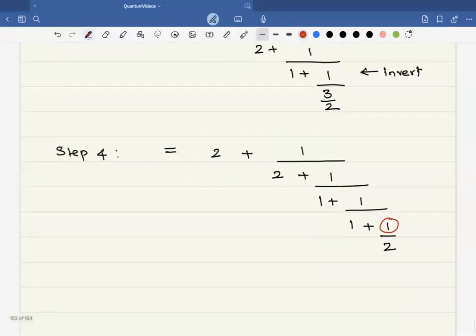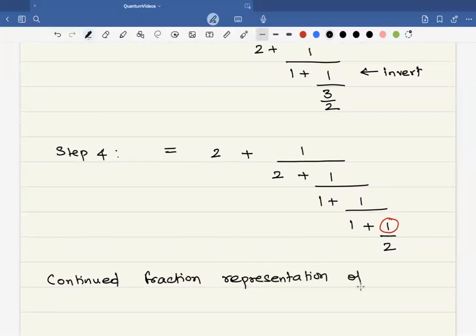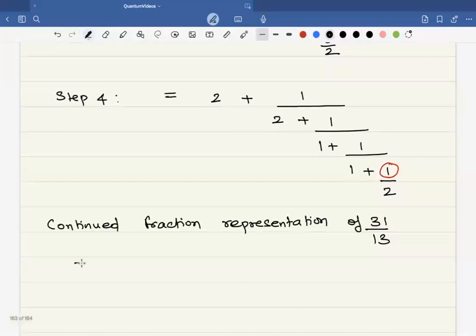So the continued fraction representation of 31 over 13 is all the numerators.